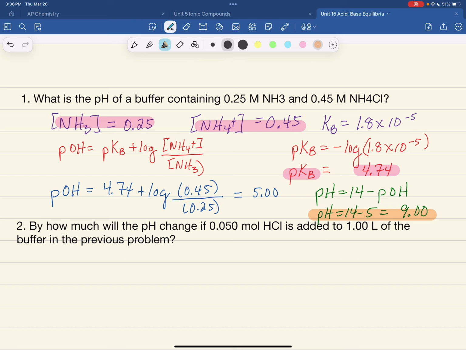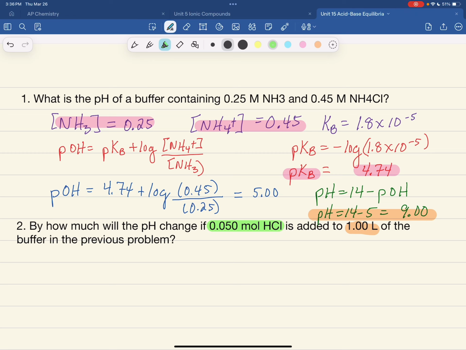Okay, so the next one, we're building on this question, and it says, by how much will the pH change if we add 0.05 moles of HCl to 1 liter of the buffer in the previous problem? Well, there's a couple of things here that make my life easy. 1 liter, yay! 1 liter means that I don't have to do a lot of crazy molarity questions. Now, the other thing we want to think about here is HCl is a strong acid.